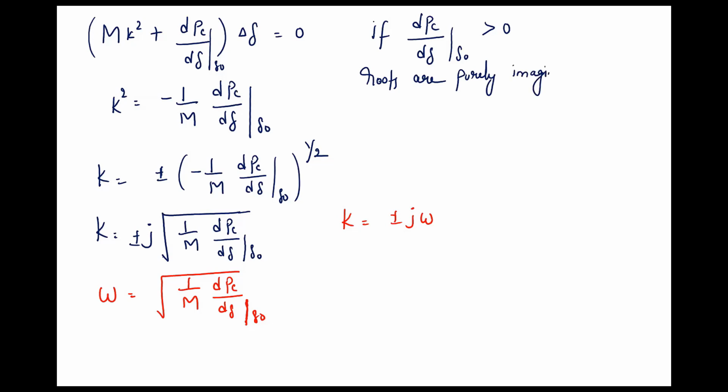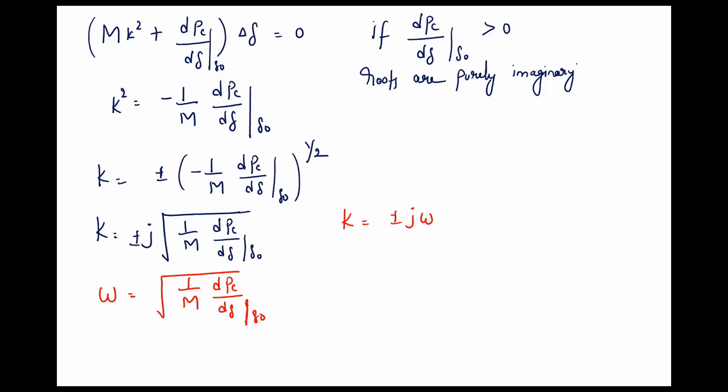So with these purely imaginary roots, your machine is marginally stable. Theory says they are marginally stable. But in this modeling of the swing equation, we have neglected damper windings. If the damper winding effect comes into the picture, then the oscillations will be damped out, so it will become absolutely stable.